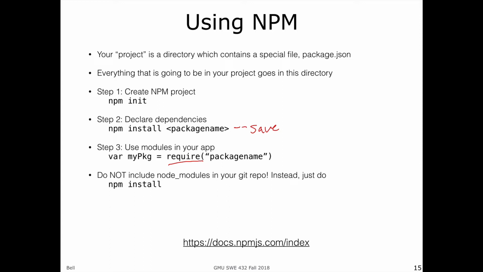Brief note, if you're using Git for your JavaScript project, for your NPM project, you really don't want to include this node_modules folder in your repository. A few reasons for that. First off, it might be really big. It might end up being like 30 to 60 megabytes just because of all the stuff that you required.